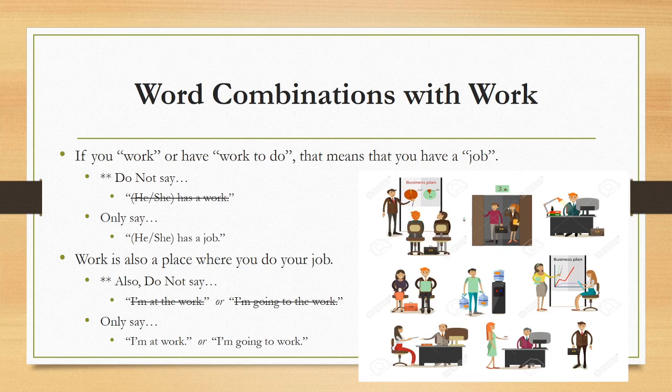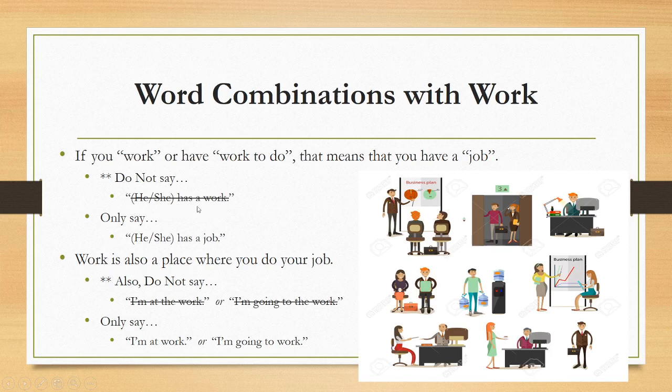Word combinations with work. Let's talk about if you work or you have work to do, that means you have a job. You have a job that you get paid for, that you have money. Do not say "he or she has a work."